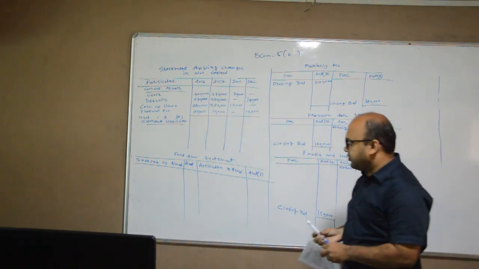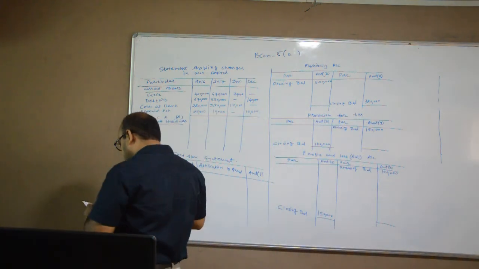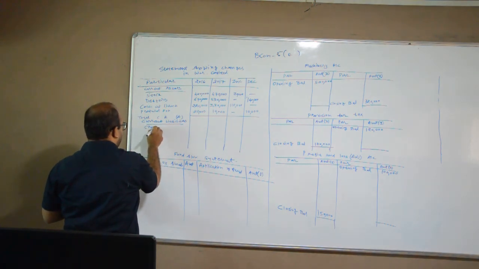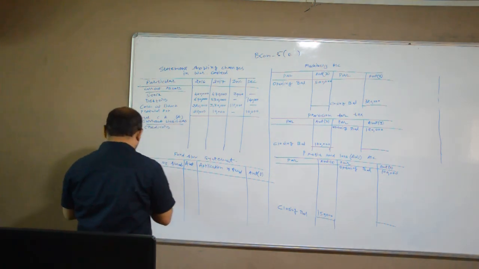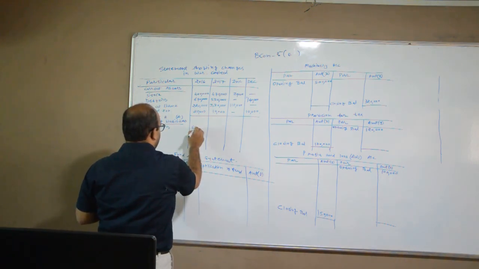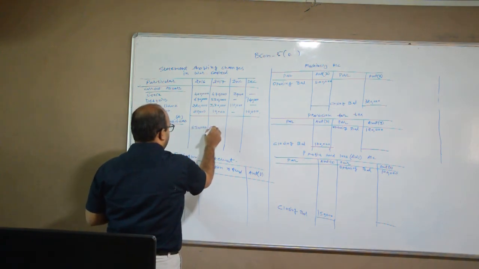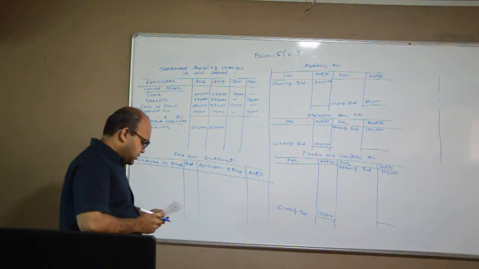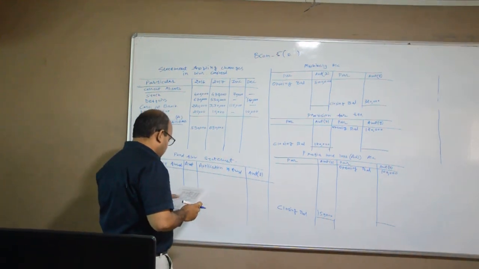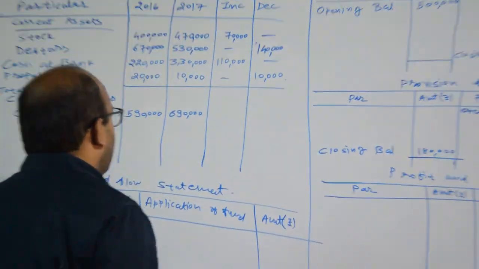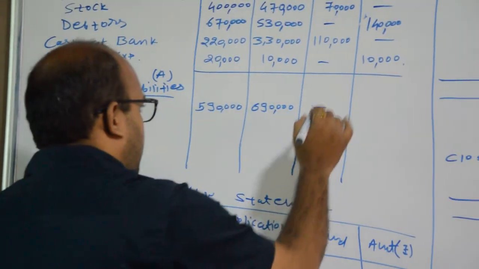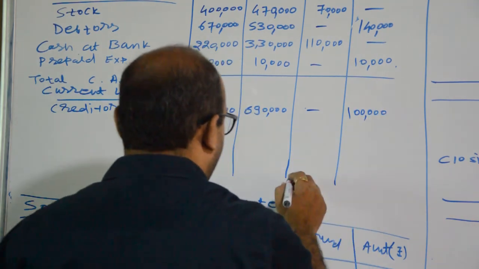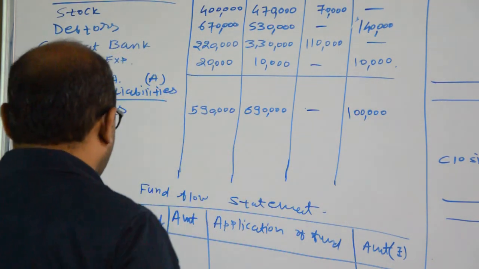Okay, current liabilities: creditors 5,90,000 and 6,90,000. We can easily justify that it is an increase of 1 lakh rupees, but we will not write it down in the increase column but in the decrease column, because it will have the opposite effect from current assets.